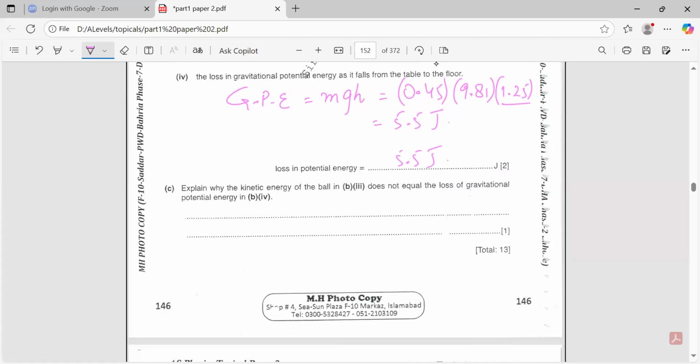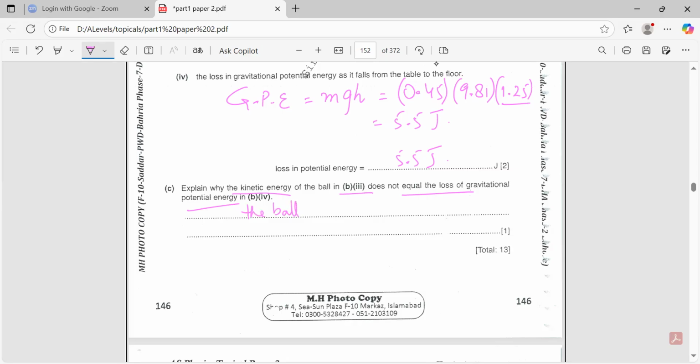Now the question says why the kinetic energy of the ball in B does not equal the loss of gravitational potential energy. हाँ जी, क्वेश्चन तो सही कह रहे हैं, there is no air resistance, तो फिर जो सारी की सारी आपकी इनिशियल ग्रेविटेशनल पोटेंशियल एनर्जी है वो सारी काइनेटिक एनर्जी में कन्वर्ट हो जानी चाहिए. But we know when the projectile was at the top point, the ball still had the horizontal velocity. ठीक है?